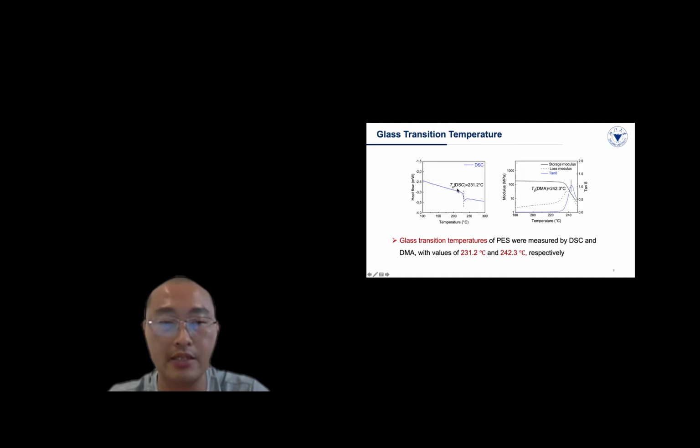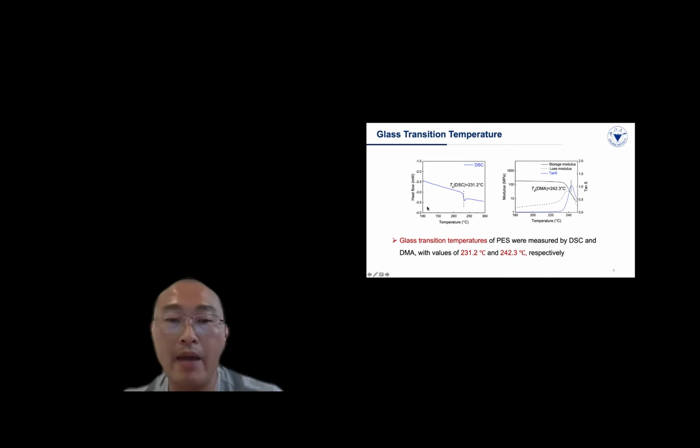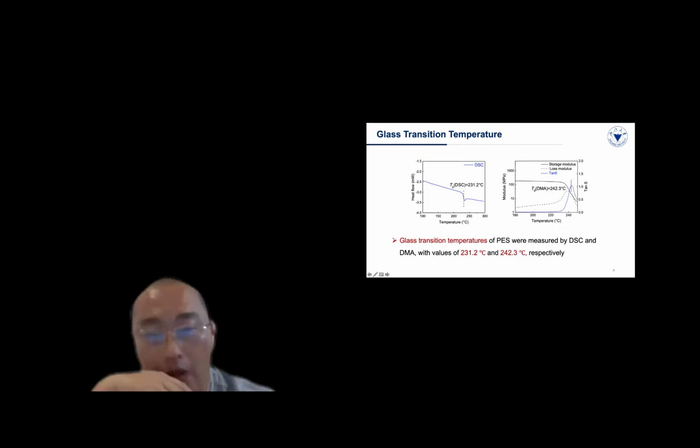We can see the PES Tg was at 231.2 degrees, and another method, DMA, also checked the PES Tg, similar, with no big difference. This membrane Tg was around 230 degrees.